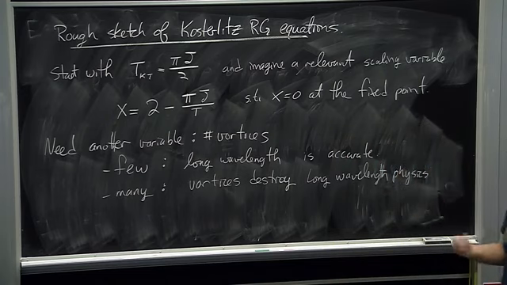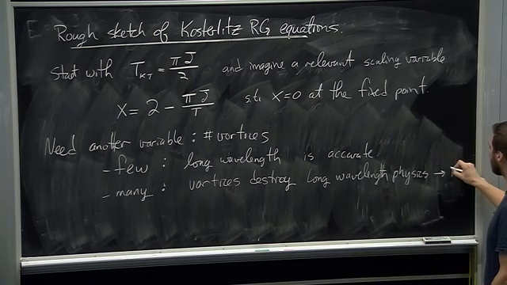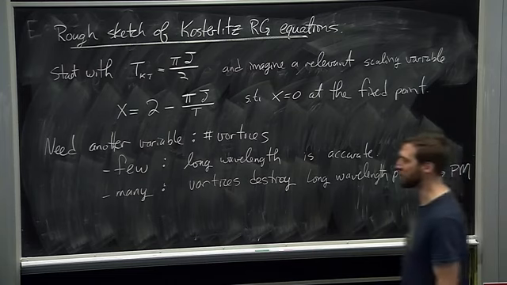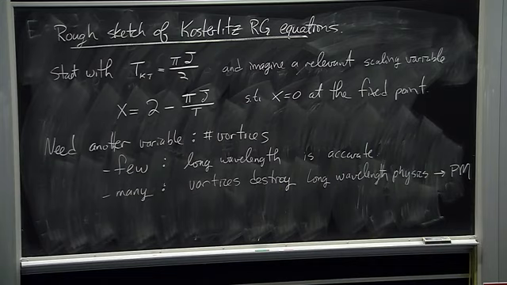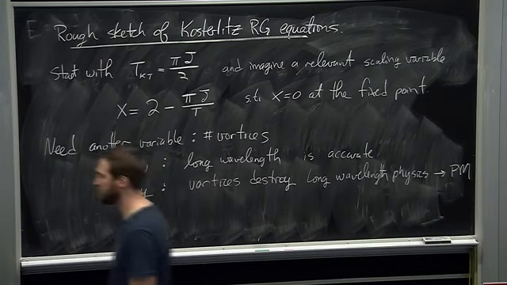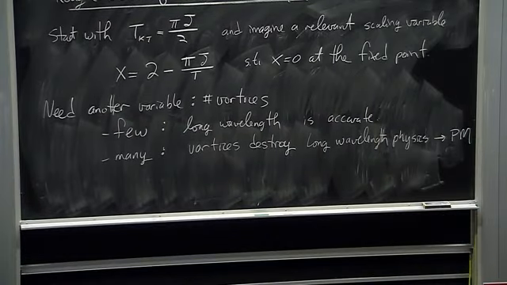So if under an RG step, whatever this variable is relevant, then I'm going to be flowing to the paramagnetic phase. That's what the plasma is. Paramagnet. So unlike the Ising model, I don't have something like a field that I can couple directly to the degree of freedom, right?